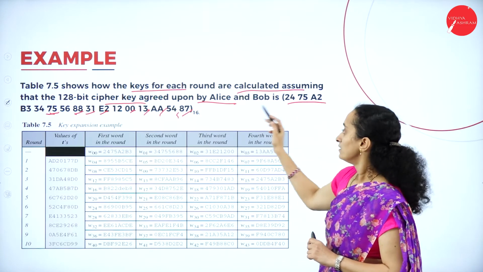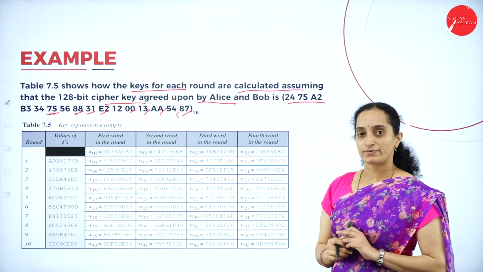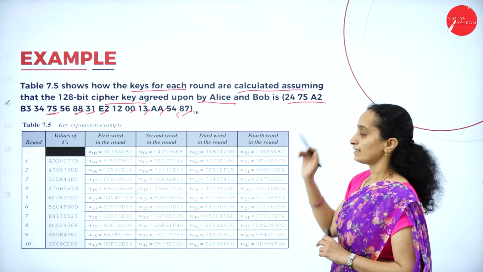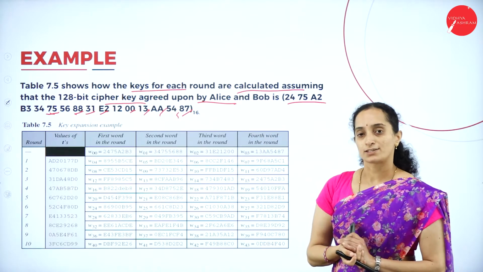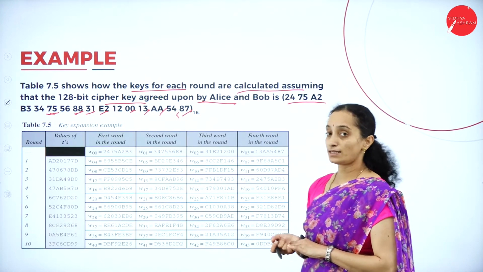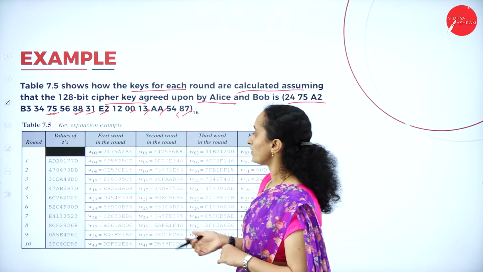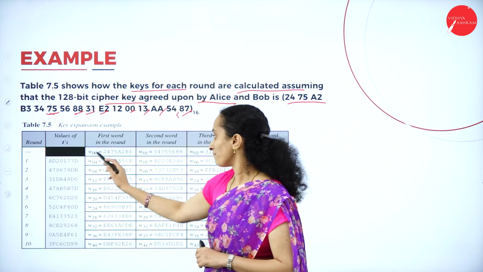These are the round keys, 128-bit round keys that are used in the key expansion or in AES with 128 bits. Alright. So here we have the same method.